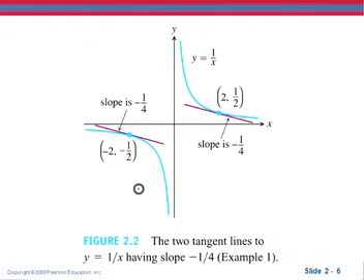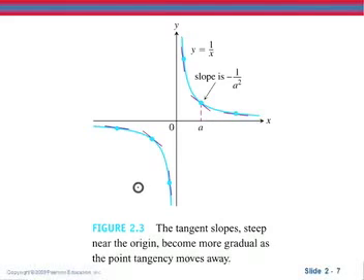Here's a picture of a graph of y equals 1 over x, and you can see the two points where x is negative 2 and where x is positive 2, and at both points the tangent line has a slope of negative 1/4. If we think about this graph further and think about what happens as we get closer and closer to negative infinity, our tangent lines are going to become flatter and flatter, and so our tangent slopes are going to get closer and closer to 0.